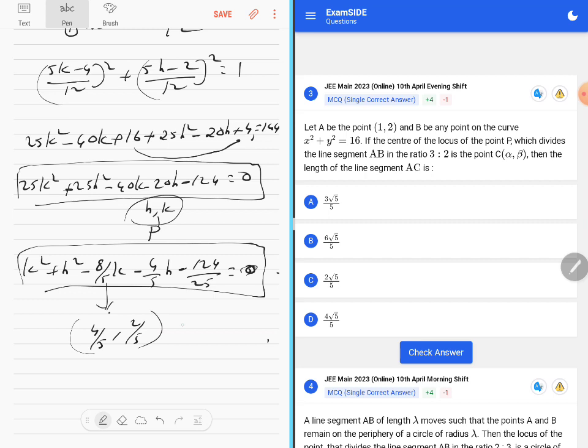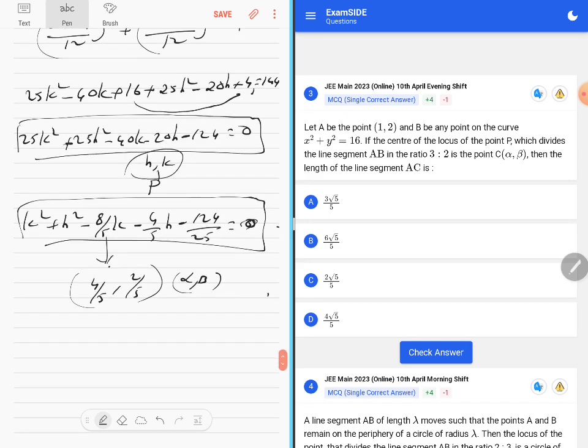So thus you know that the alpha and beta which are given to be the center are 4 by 5 and 2 by 5. So we found alpha and beta.